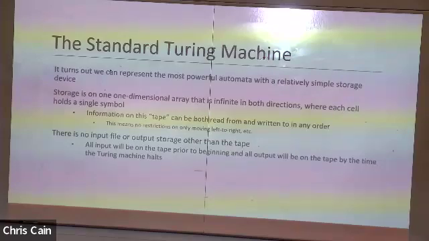Question? So there's no dynamic operations on the tape in the sense of, before the Turing machine is on, there's data or input on the tape.